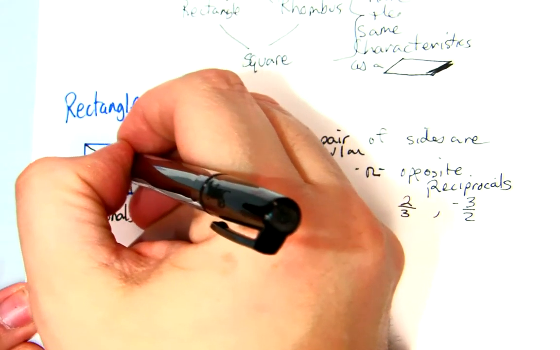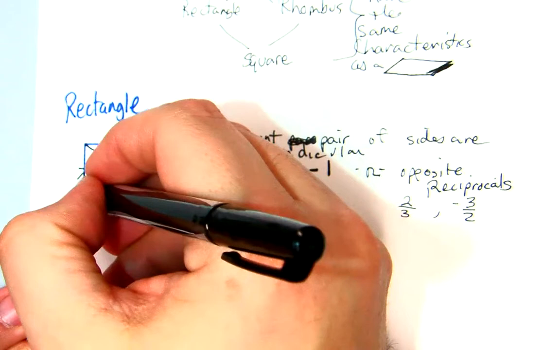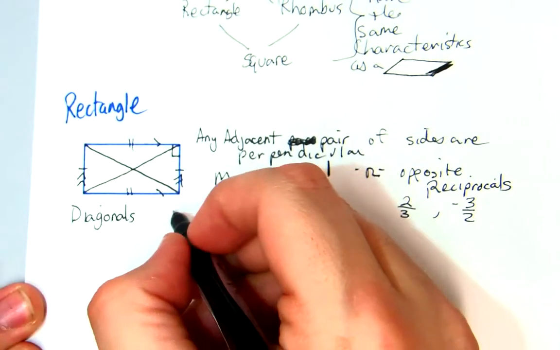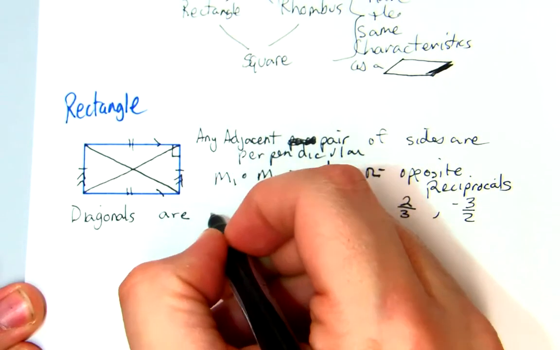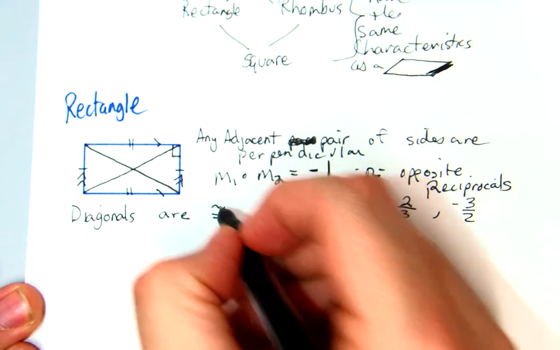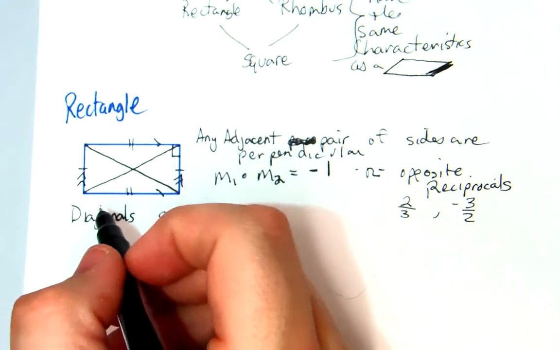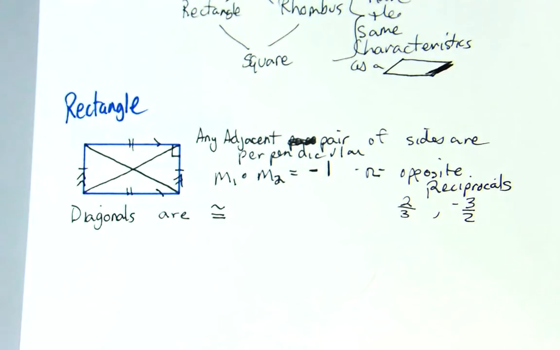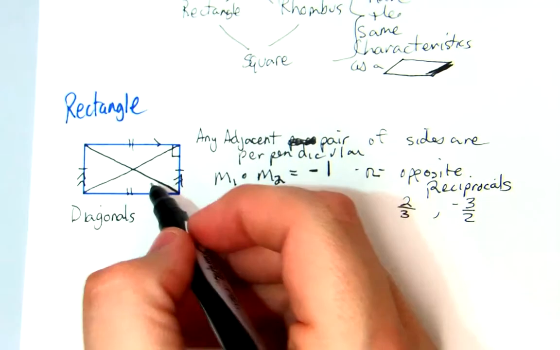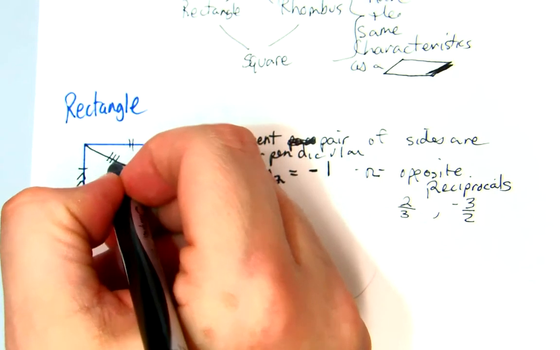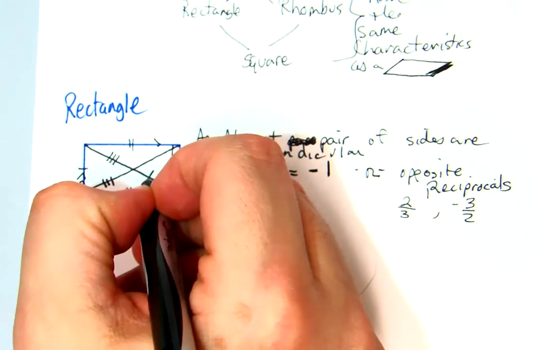Now, one last thing when it comes to diagonals. And I'll throw those diagonals in here. And this is not true for parallelograms, but it's true for rectangles. Diagonals are congruent. So we still have a midpoint that cuts them in half. It just so happens that 1, 2, 3, 1, 2, 3.